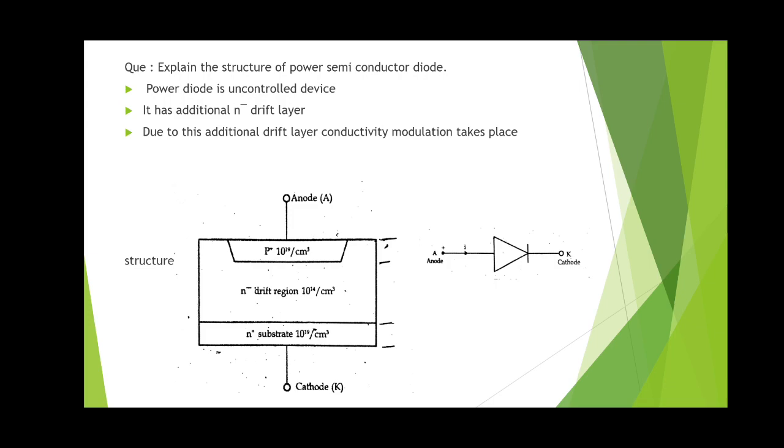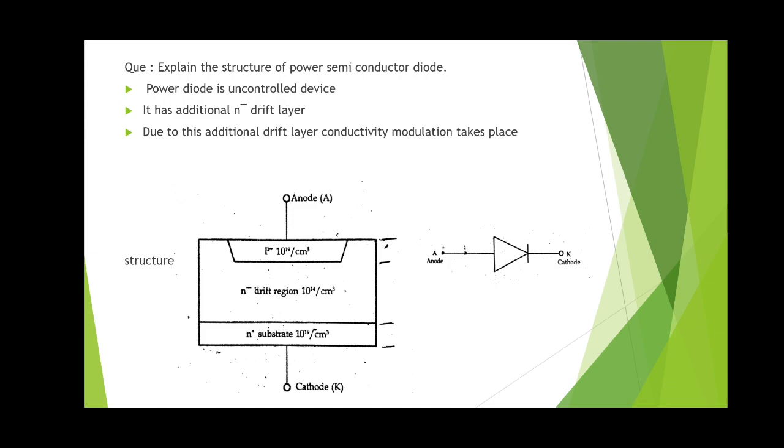There is a heavily doped N plus substrate with a doping level of 10 to the power 19 per centimeter cube. Heavily doped means impurity is more, the number of impurity atoms is more. So the doping level is 10 to the power 19 per centimeter cube, and it forms the cathode of the diode.